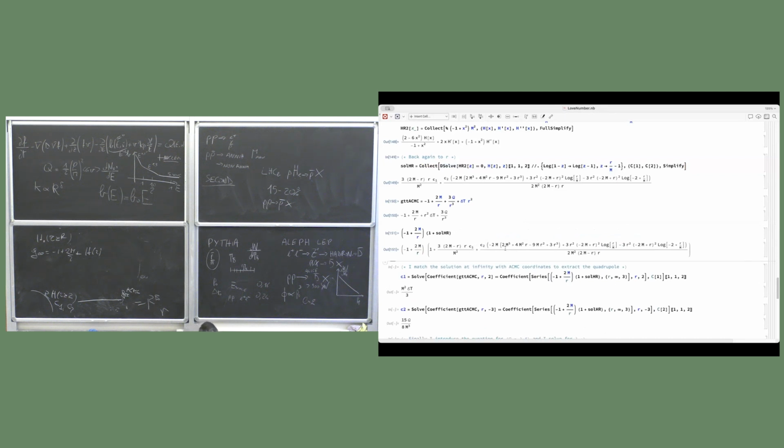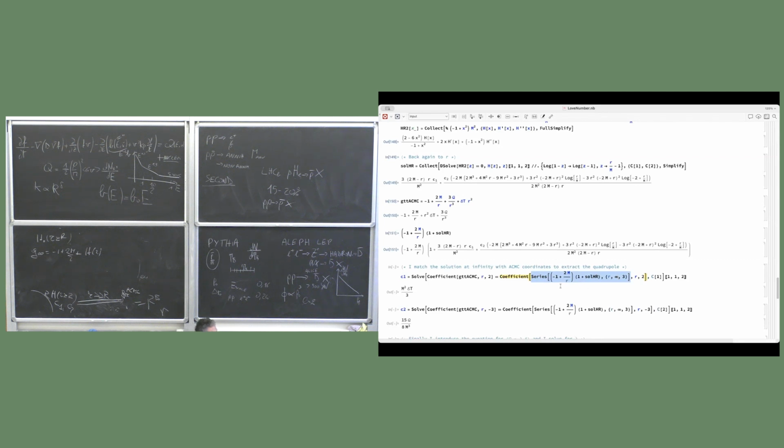Okay? But what I want to do is take the large r limit, because I want to match it for values of r much larger than the radius of the star. I want to match it with its asymptotically flat solution, which is given by the ACMC metric. And this is what I'm doing. So I'm taking the GTT, and when you do this command, Series, it takes a Taylor expansion of the quantity inside for large values of r at a certain order, the one that I need.